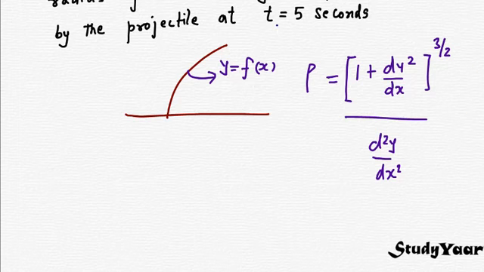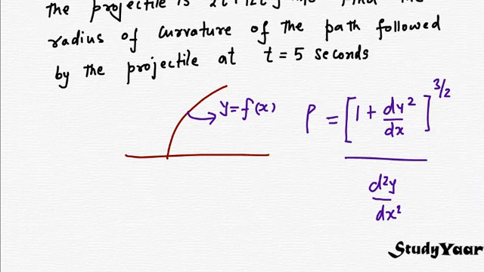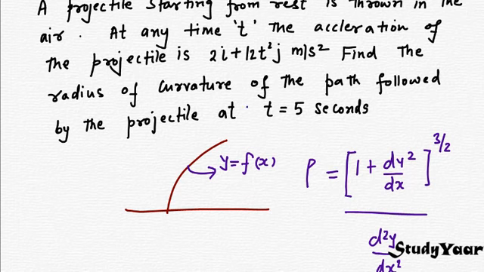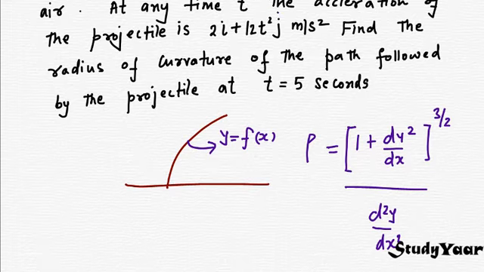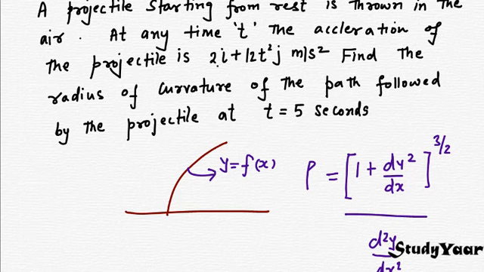So we need to calculate radius of curvature. Therefore we must find out the equation of the path followed by my projectile. Let's look at the acceleration of this projectile again. We have the acceleration in x direction as constant.